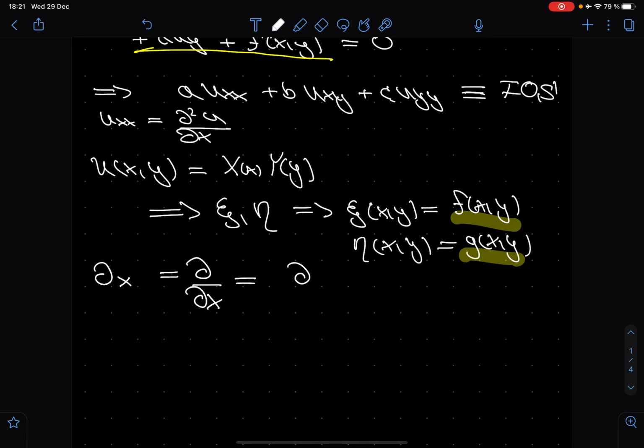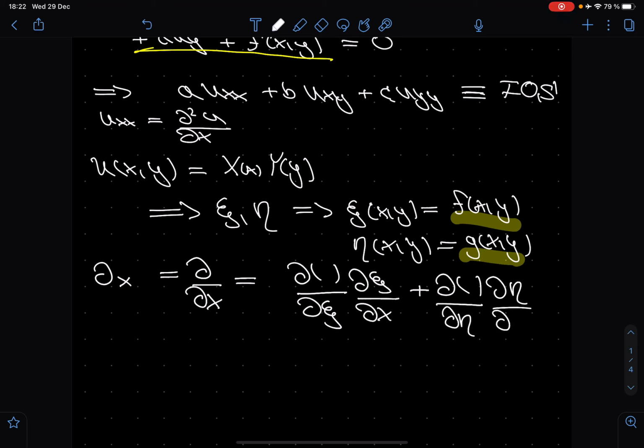That means d/dx will be d of anything derived by d xi, times the derivative of xi in terms of x, plus, because it depends on both, d by d eta times the derivative of eta in terms of x as well.